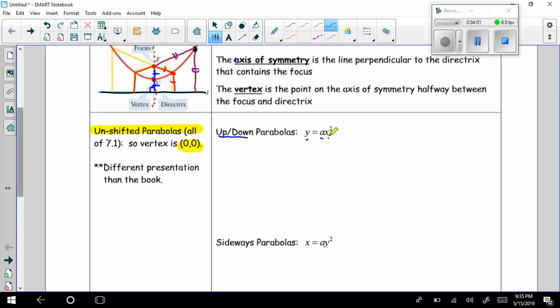Those should look the most familiar to you because those are the ones we've done before. So you'll have 2 scenarios. Again, this part shouldn't be new to you, where we have a is greater than 0, which means that our graph will be open up and go through 0, 0 at the vertex.